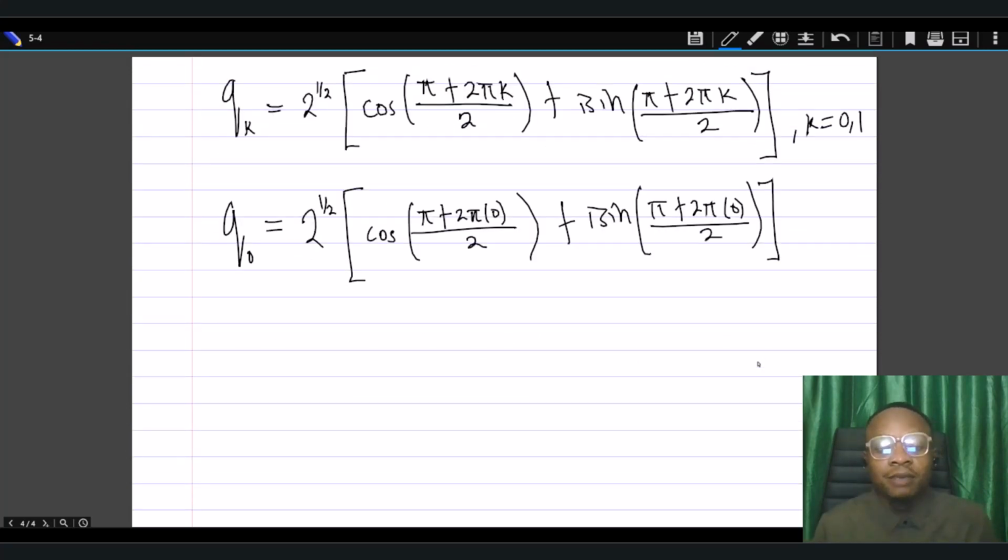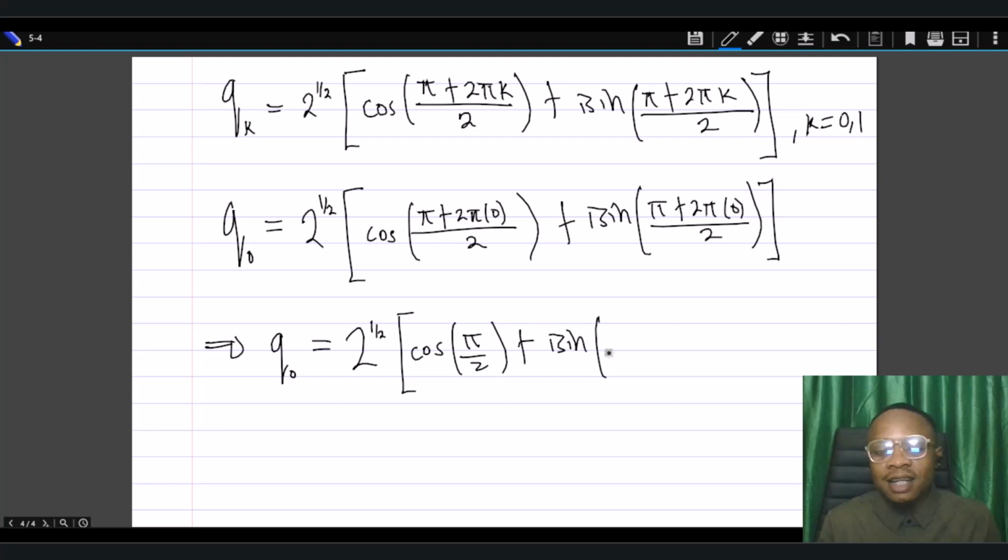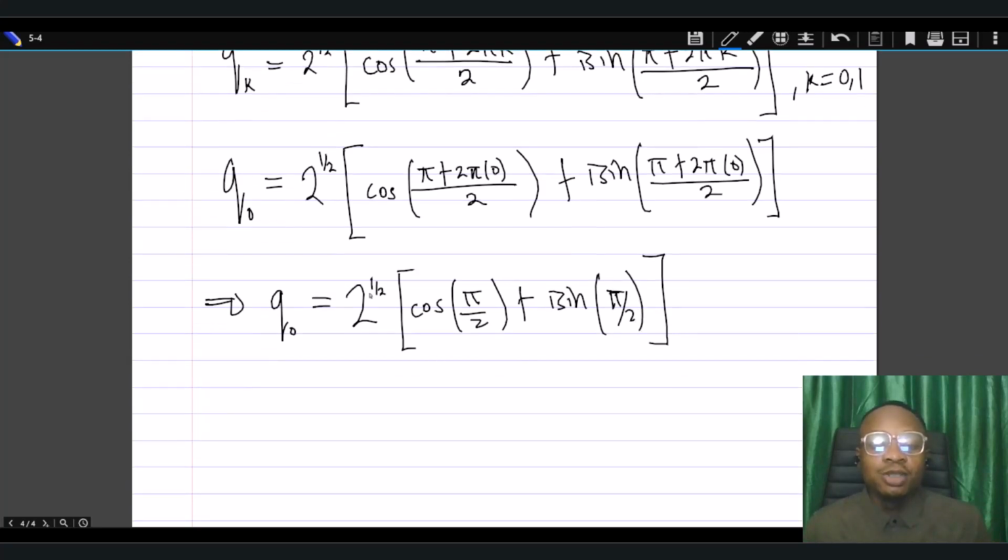So with that, we can now say q sub 0 is equal to 2 to the power of 1 over 2 into cosine of pi over 2, pi plus 0 so pi over 2 altogether, plus i multiplying the sine of pi over 2. So what does this give us? To be precise, this is root 2, and what we have here is cosine of pi over 2, that is cosine of 90 degrees.